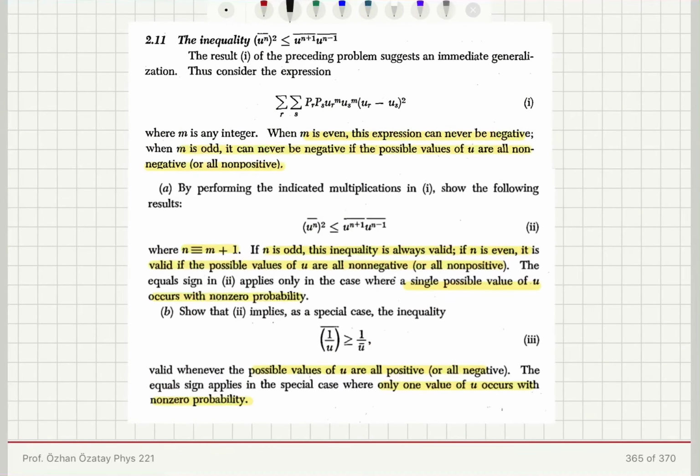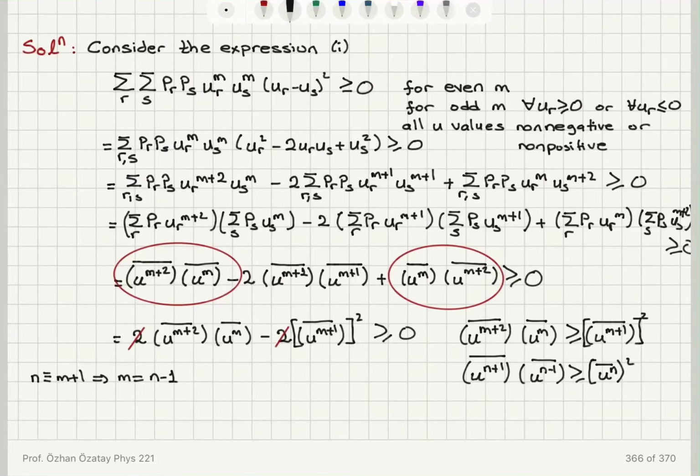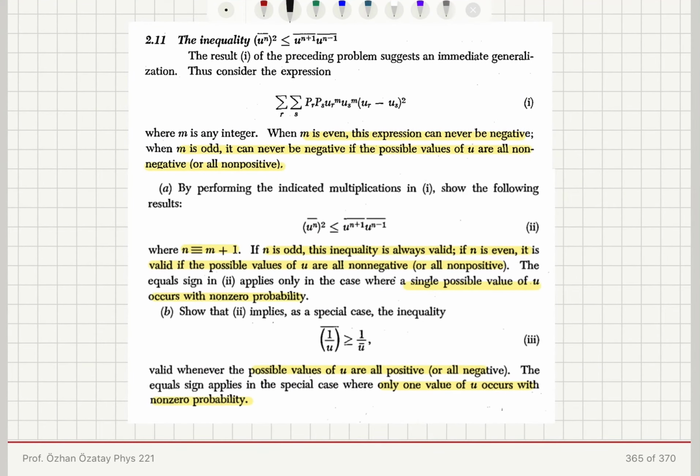So let me check what I was supposed to show. U to the n mean value squared should be less or equal to u to the n plus 1 mean value times u to the n minus 1 mean value.